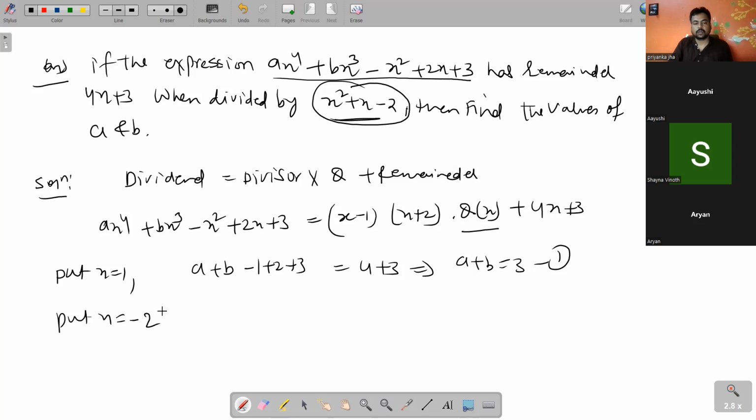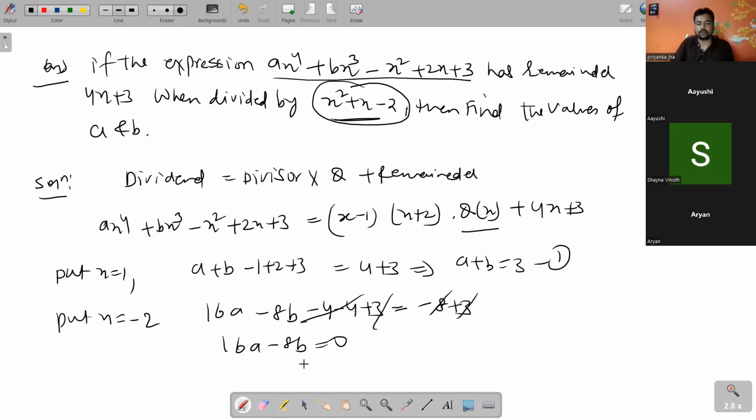So minus 2 raised to 4 is 16, so 16a, minus 2 raised to 3 is minus 8, so minus 8b, and minus 4 minus 4 plus 3. This will become 0. 4 into minus 2 is minus 8 plus 3. Again, this is 16a minus 8b. See, minus 8 and minus 8 are gone, 3 and 3 are gone.